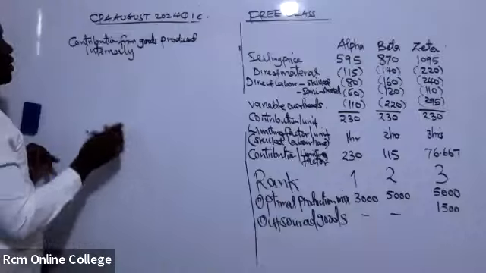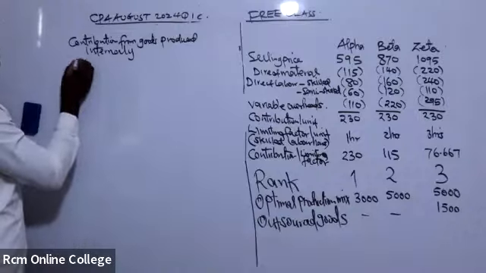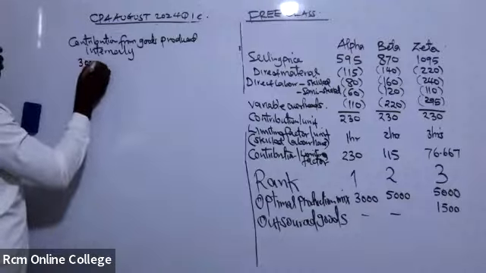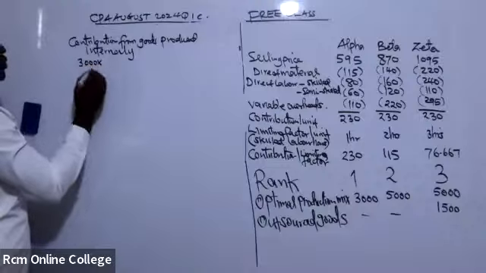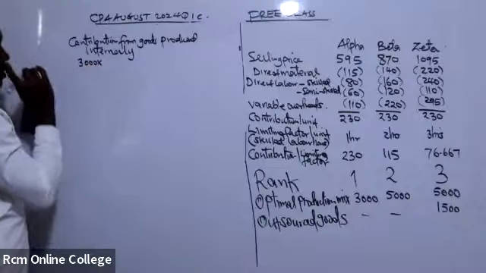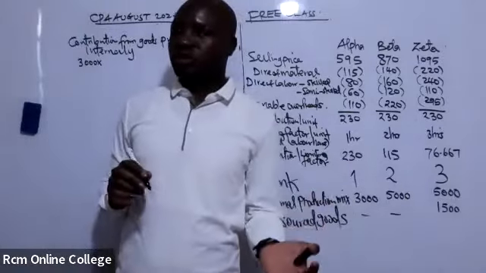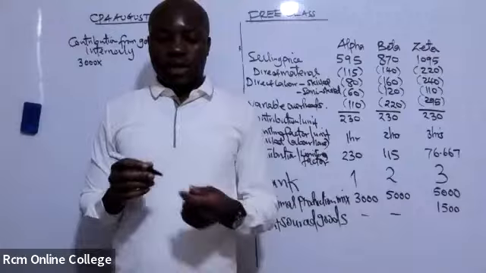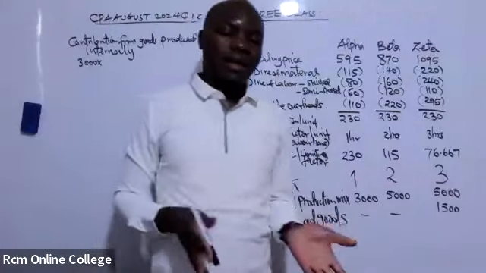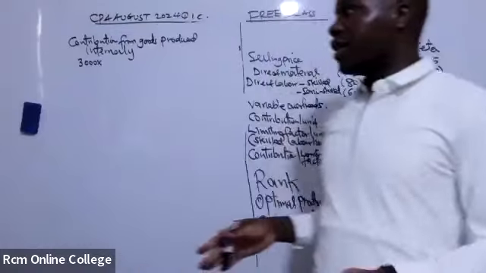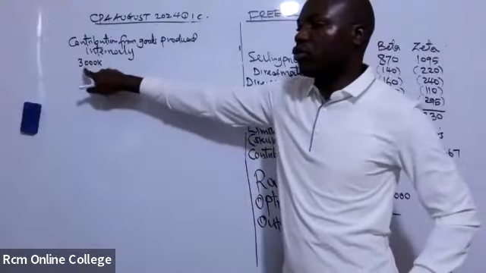Now, the company produced 3,000 units of alpha. Before you can do that, you are told to give us the resulting net profit. Why are you going back and telling us it is 3,000 units that were produced and sold?